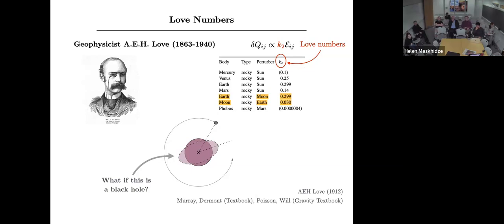The importance of understanding the Love numbers of a body is that it gives you some information about the internal structure or the internal composition of the body. Yes, it's a measure of, given a unit of perturbation, how much would the body deform? So the larger the Love number, the easier it is to change its shape. And in the limit where k is small or even 0, they do not deform.